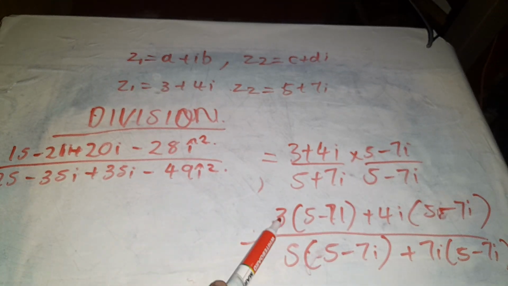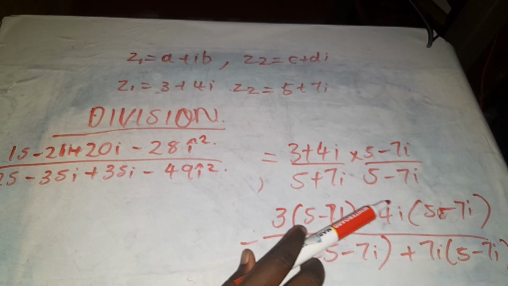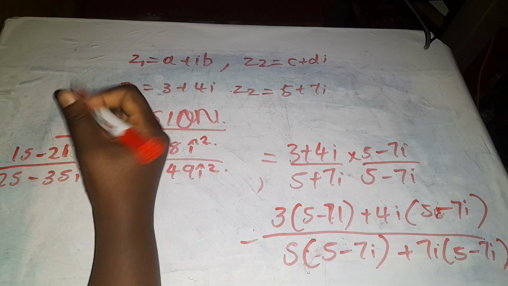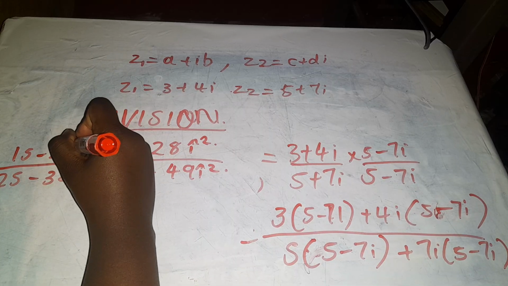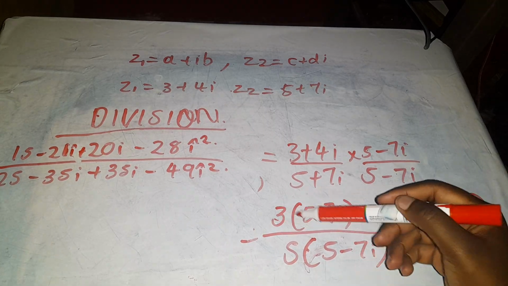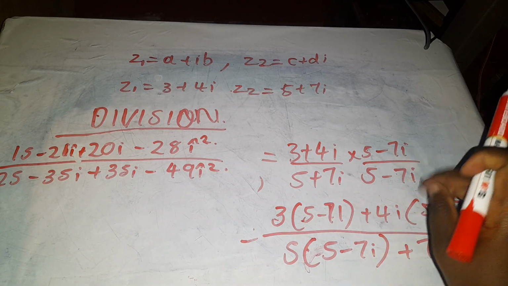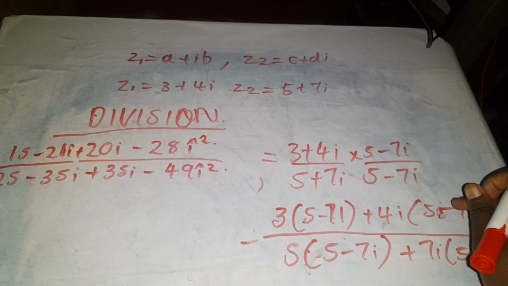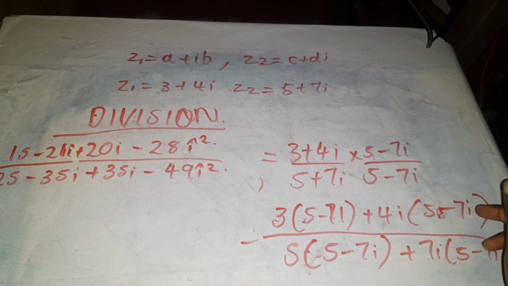So confirming, 15 minus 21i plus 20i minus 28i squared.